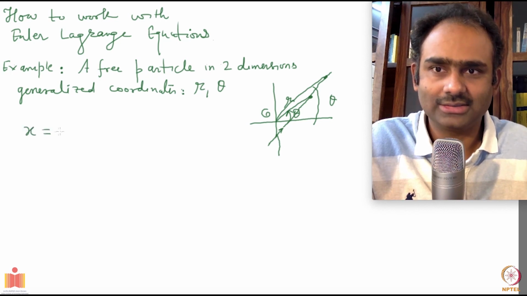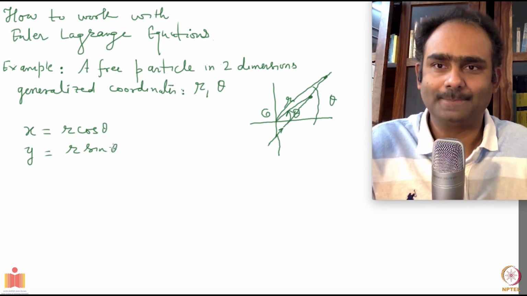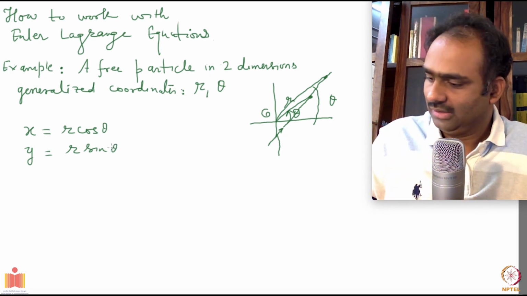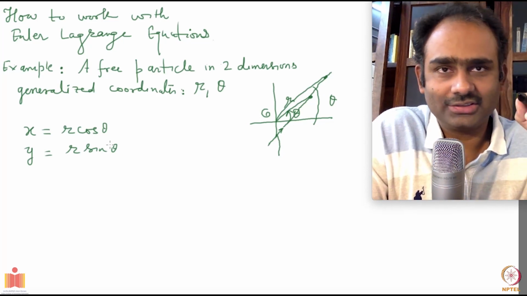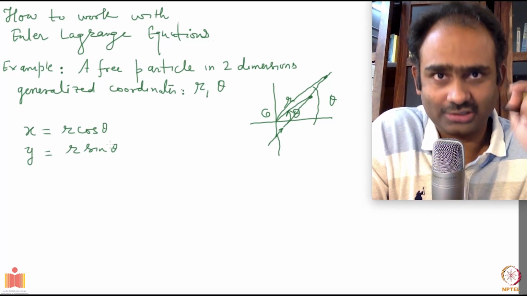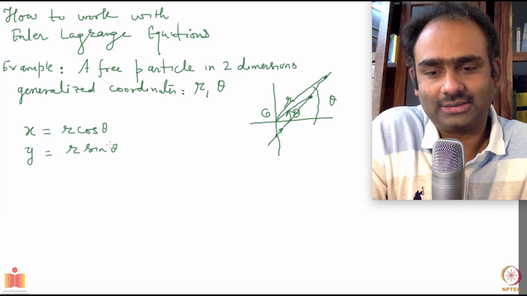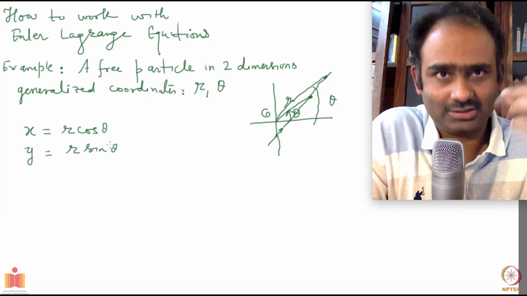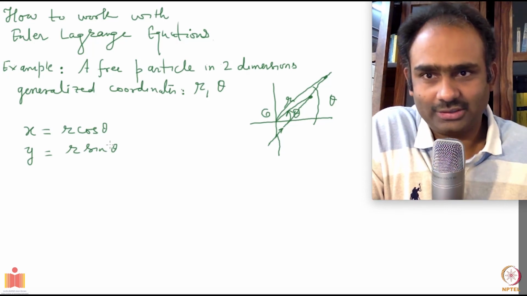So x is r cos theta and y is r sin theta. Now I want to construct first the Lagrangian of the system, which involves T and U, the kinetic energy and the potential energy. The potential energy is 0. I need to construct only the kinetic energy, which involves velocities, x dot squared plus y dot squared. So let me calculate x dot and y dot.